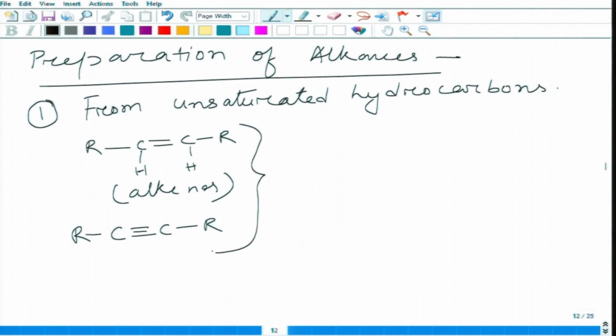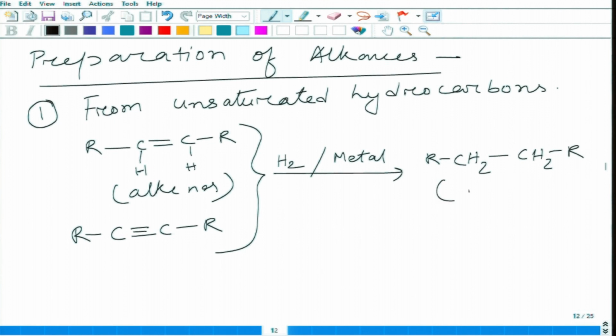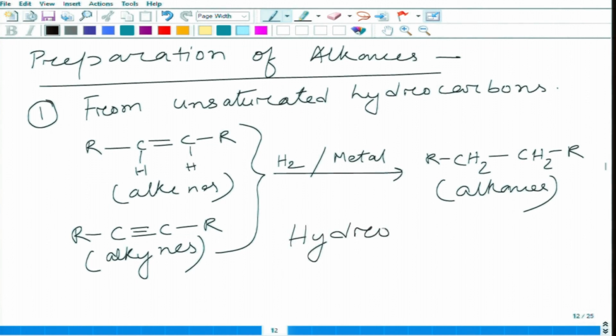Okay. Both of them, in the presence of hydrogen and metal catalyst, give alkanes. Okay. Alkenes and alkynes in presence of hydrogen and metal catalyst give alkanes. This method is known as hydrogenation.